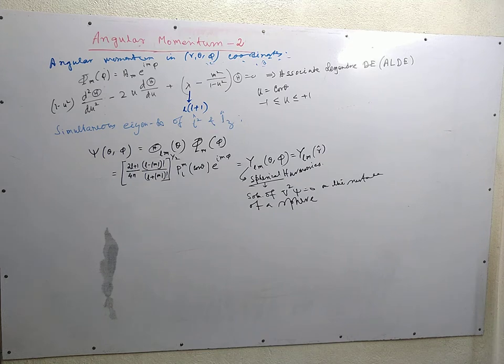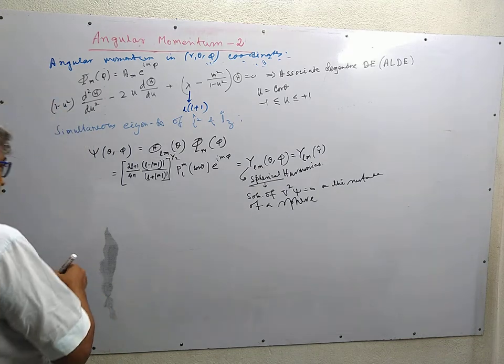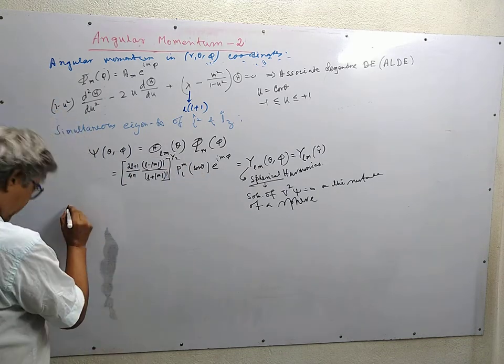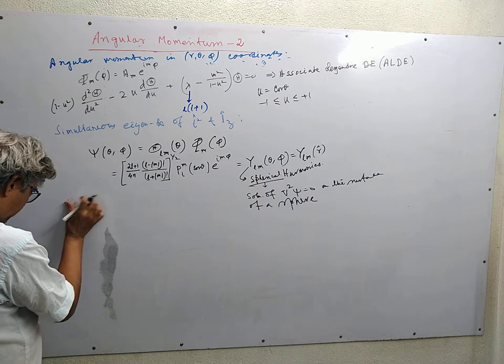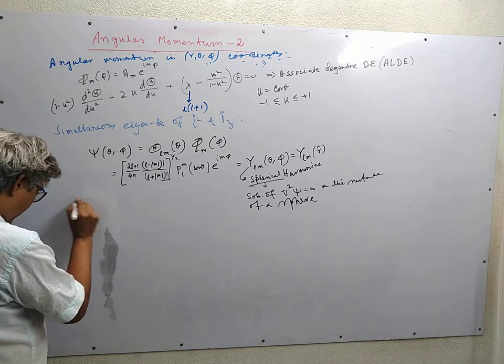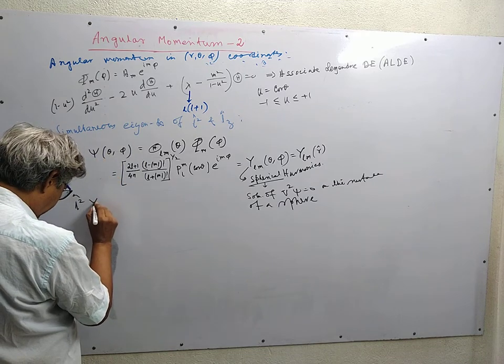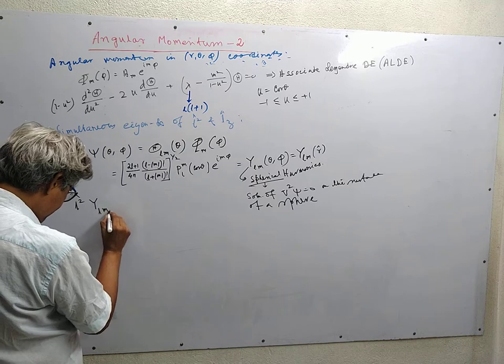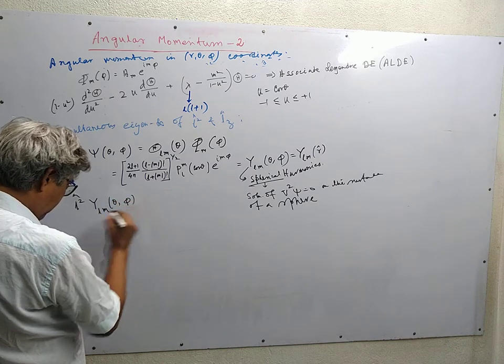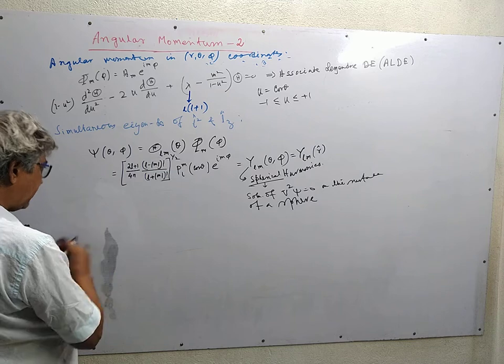So we see that there is a simultaneous eigenfunction of L square and L_z operator whose eigenfunction is very well known, the spherical harmonics. The eigenvalue equation was L square operating on this, now we call it Y_L^m.